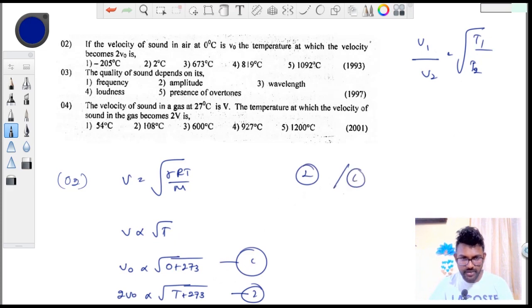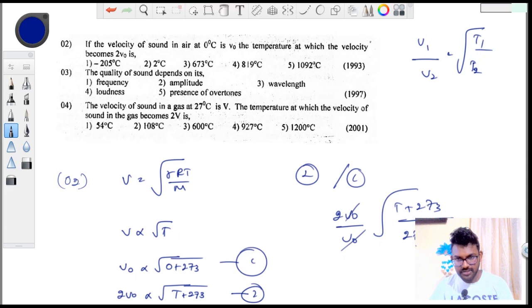So I'm going to divide 2 by 1, so it will be 2V0 over V0, that's T plus 273 over just 273. V0 cancels off, and there's a square root so we can square it. So it will be 4 equals T plus 273 over 273.